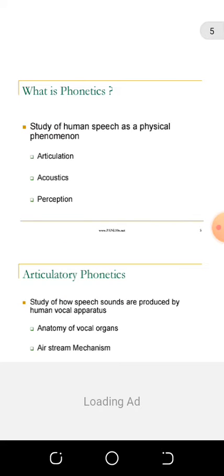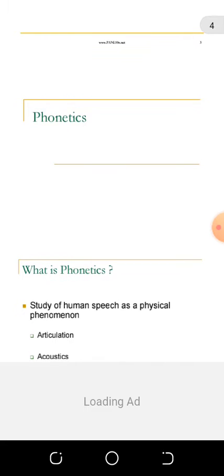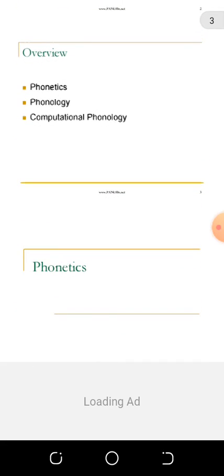Right? So along with that, we will see what linguistics is. First of all, linguistics is the scientific study of human speech sounds. Linguistics is basically based on two things: number one, phonetics, and number two, phonology. Along with that, in this lecture we will discuss language and linguistics.